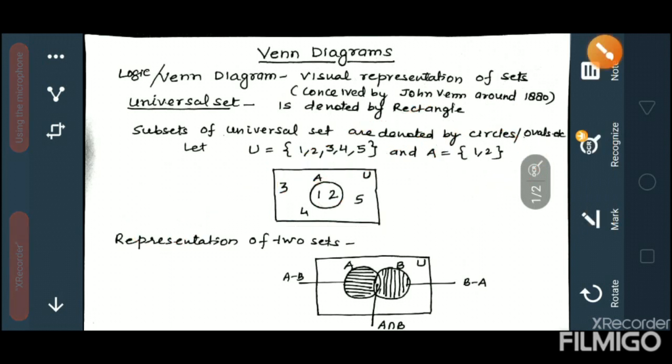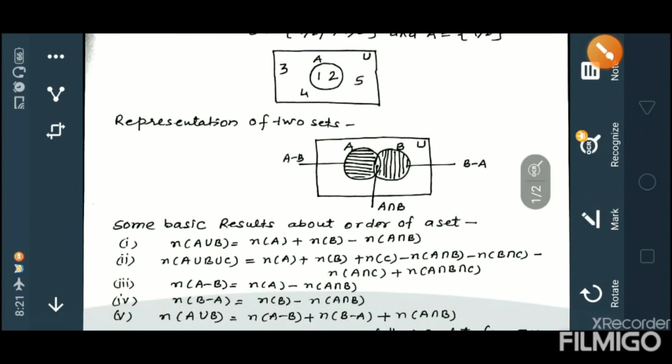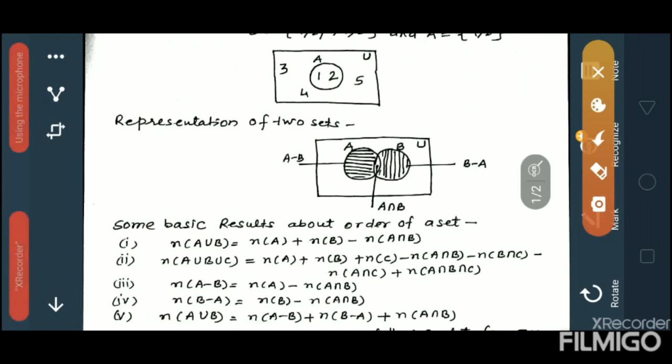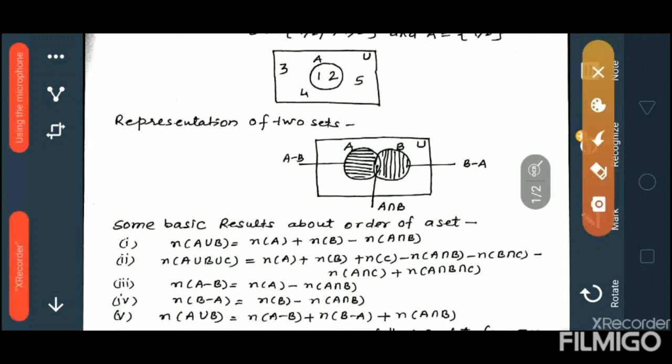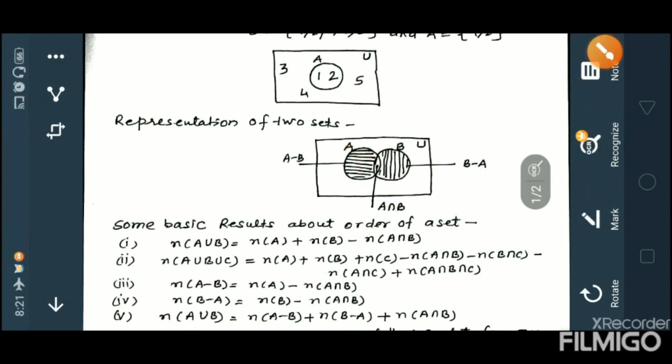Now representation of two sets. Here are two sets A and B. This is your rectangle which represents the universal set, and sets A and B are within this universal set, that means these are subsets of this universal set.